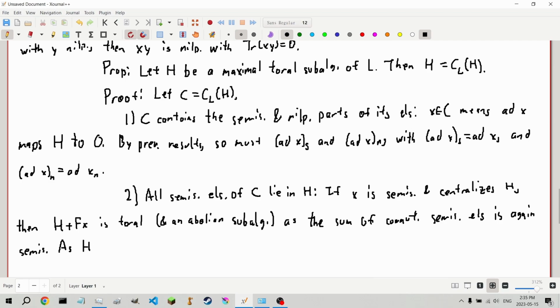As H is a maximal toral subalgebra, H plus Fx must just be H, so X must lie within H.